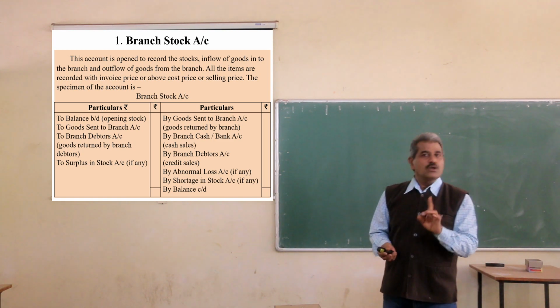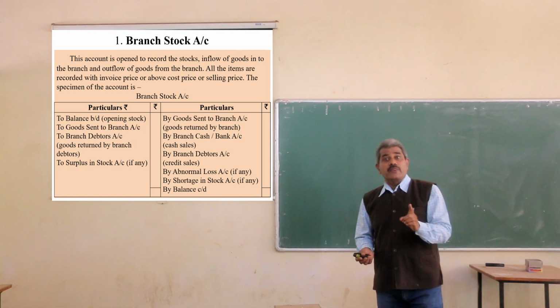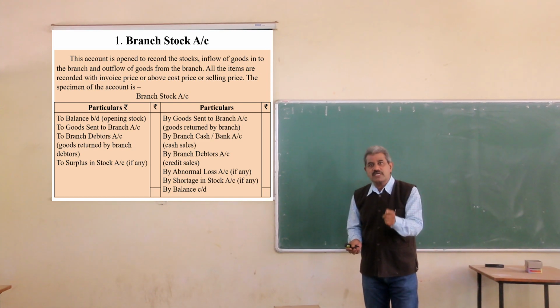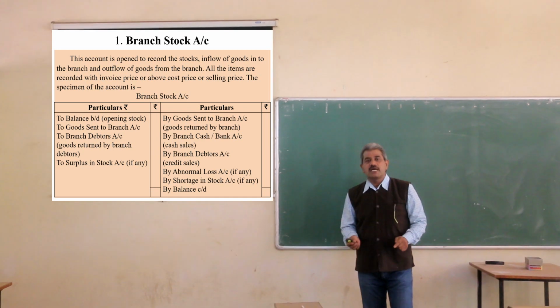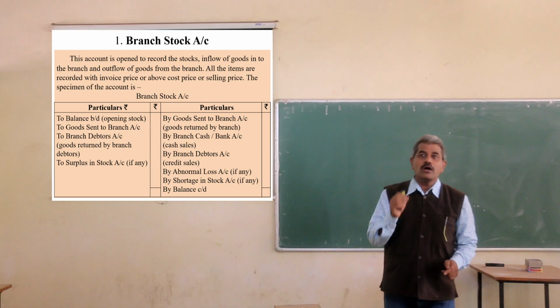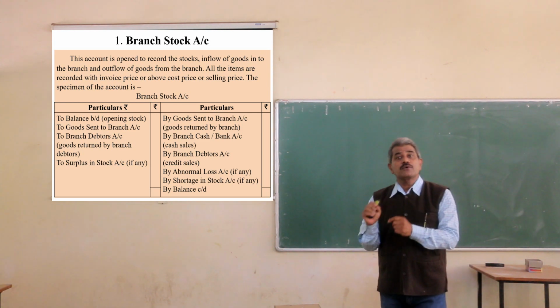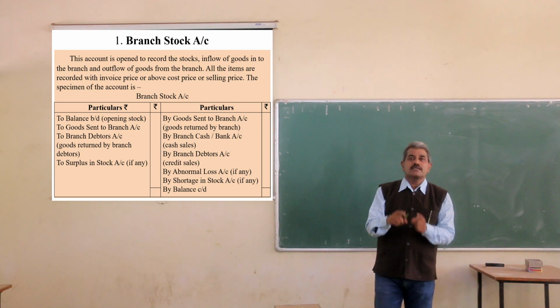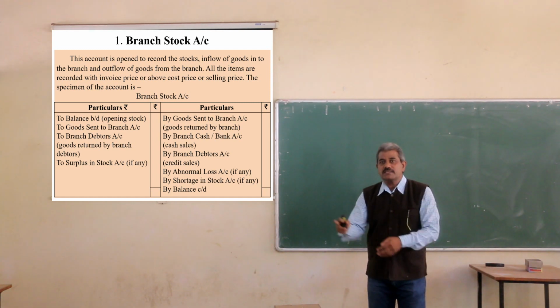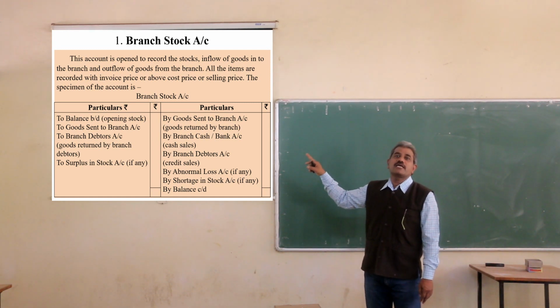If the goods are sent at invoice price, and in the problem the items of goods are provided at cost price, you convert this cost price into invoice price and record only the invoice price.